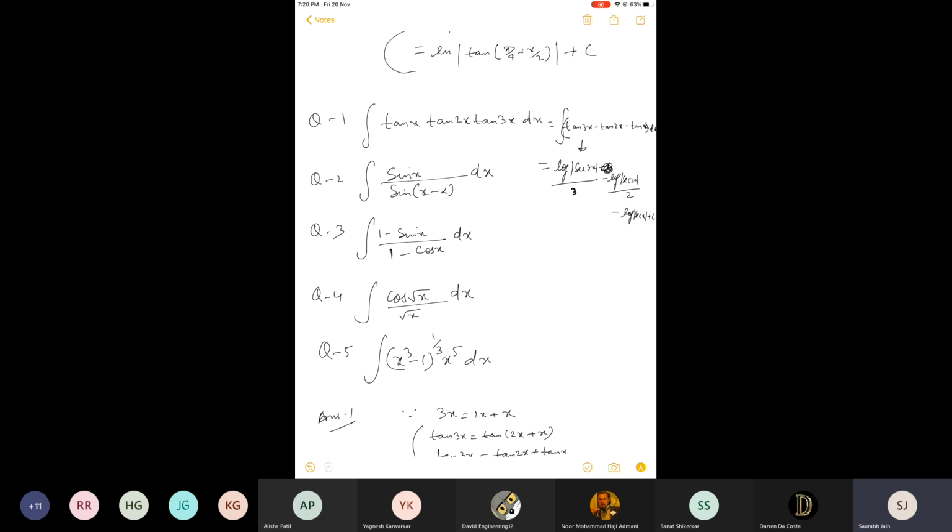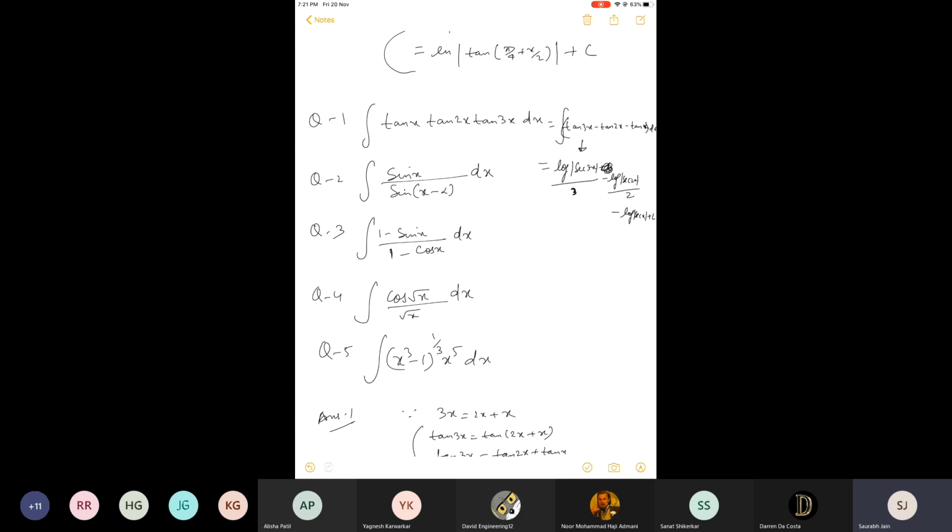One important thing, do not write c with every integral. Like you integrate tan 3x, you write a constant c. You integrate tan 2x, you write a constant say d. You integrate tan x, you write a constant say e. But what is the purpose of writing c and d and e? Ultimately their sum will be a single constant. Like 3 plus 4 plus 5 is a single constant, 12.